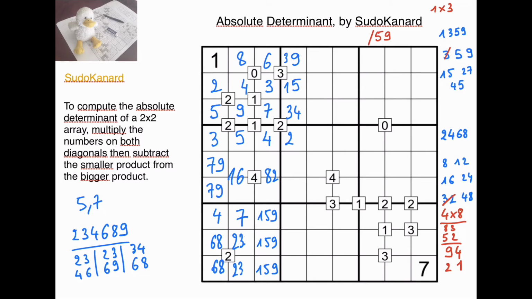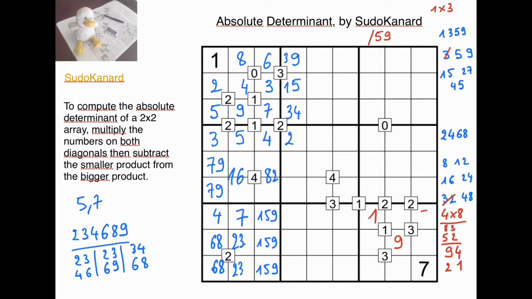Let's try with 9, and let's see why it won't work. So we have 1 here, 2 and 4 there, 5 and 3 there, and this 5 and 9 say that those are 6 and 8, but it's not possible because those are 2 and 4.